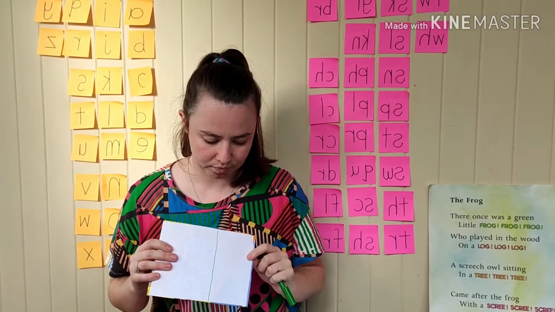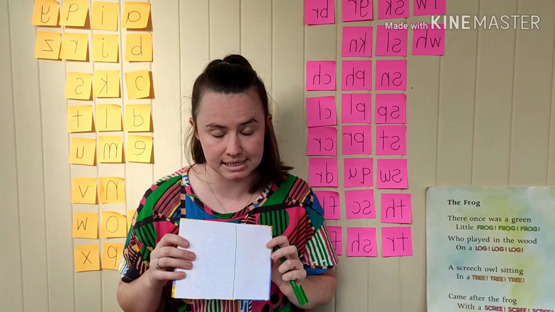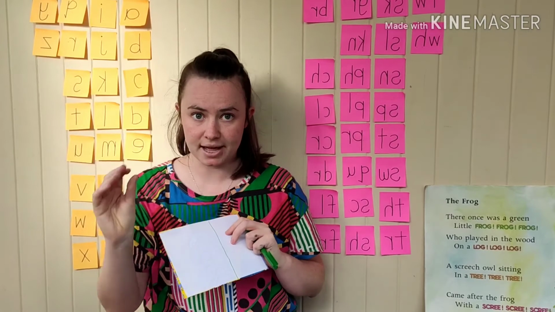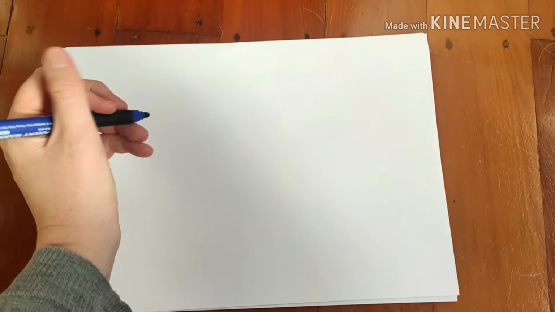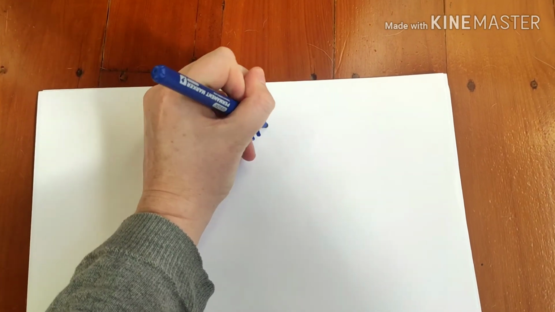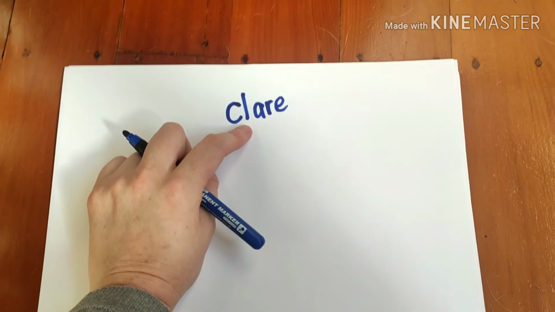Now, if you're wondering what a sentence is, it's when we put a few words together to make a message. Okay, so I'm just going to show you a little bit more about making a sentence. For example, if I write on my paper my name, Claire, this is one word. This is not a sentence.